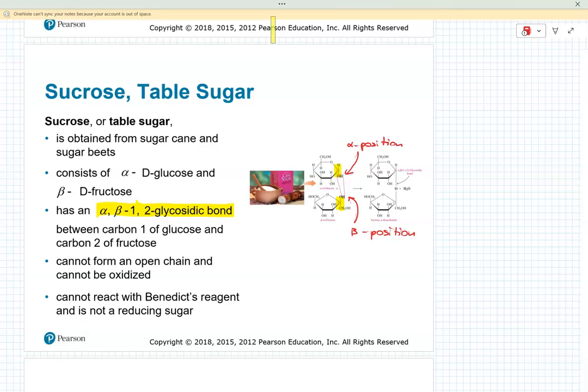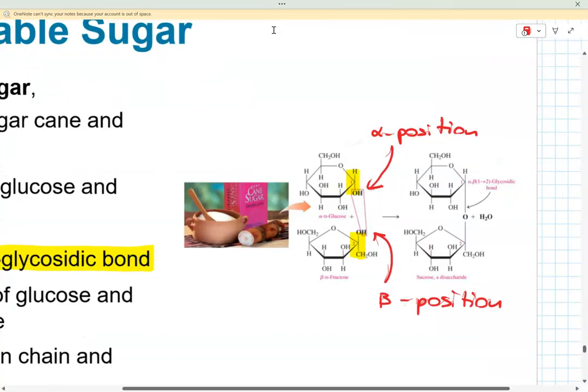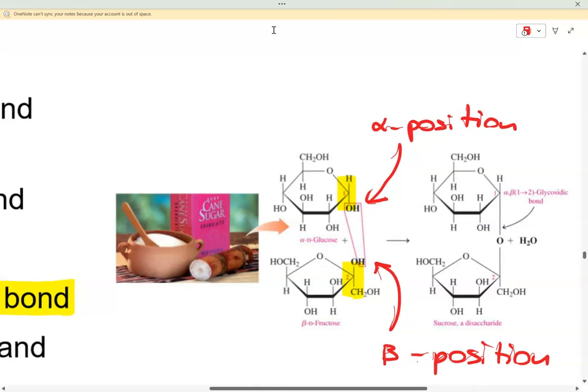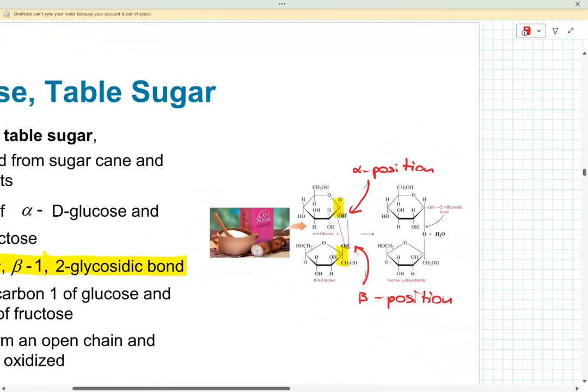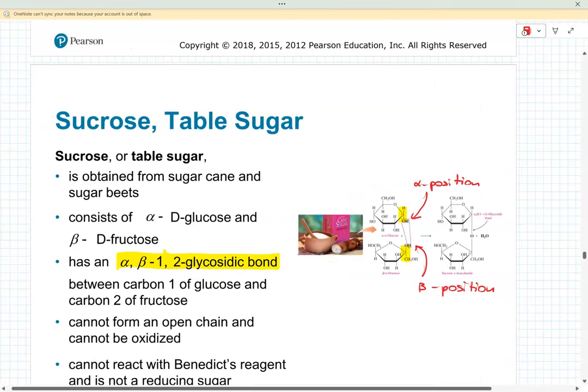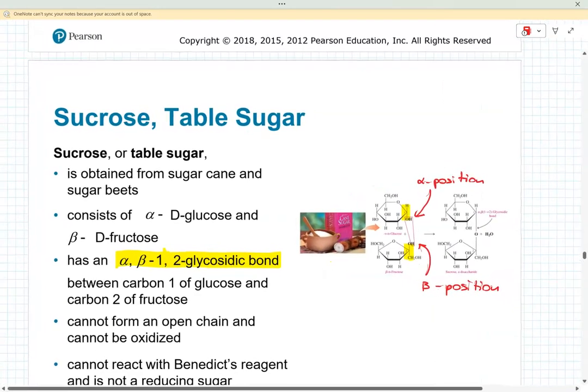That name reflects that the hydroxyl group at carbon number 1 is in alpha position, while the hydroxyl group at carbon number 2 in the fructose molecule is in beta position. Alpha and beta position. I misspoke.